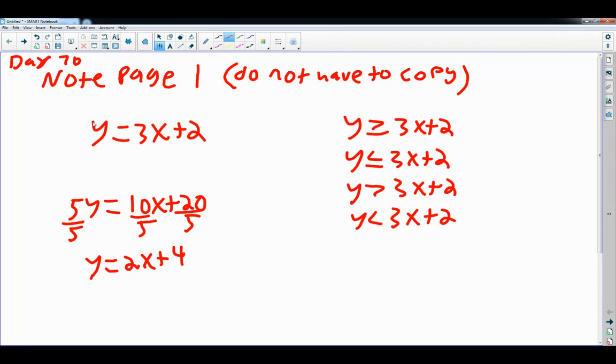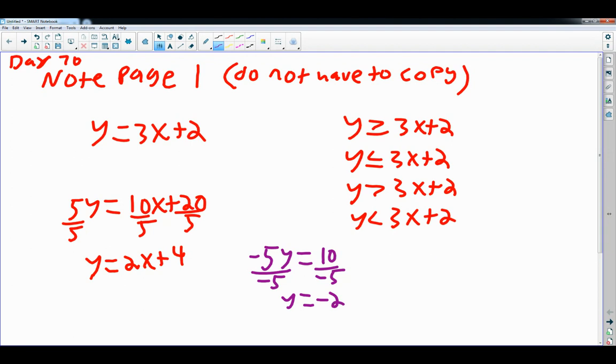And the only difference when you solve it is, and we'll be doing examples of this on the next page, let's say you have an equation, you have negative 5y equals 10. Okay, just a regular equation. We divide both sides by negative 5, and y equals negative 2.